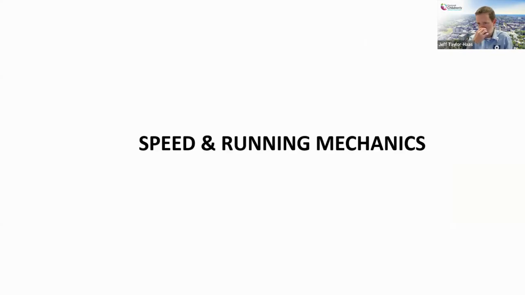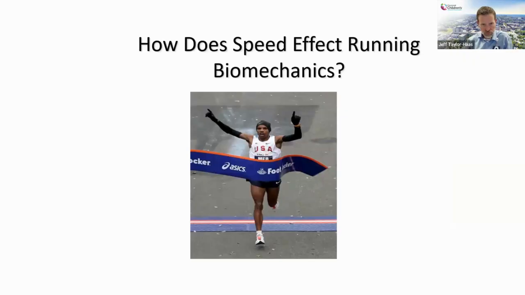When we shift gears and we look at running speed, running speed is probably the number one reason why we don't have kinematic norms. So in the chat, someone asked the question, what is the normative value for, I think it was, knee flexion in swing.